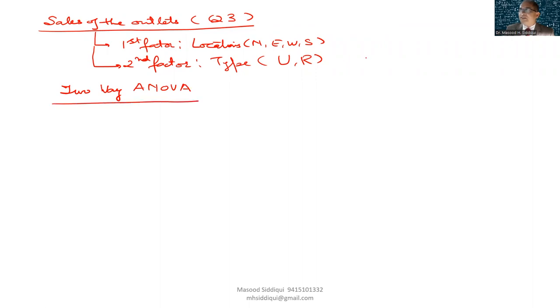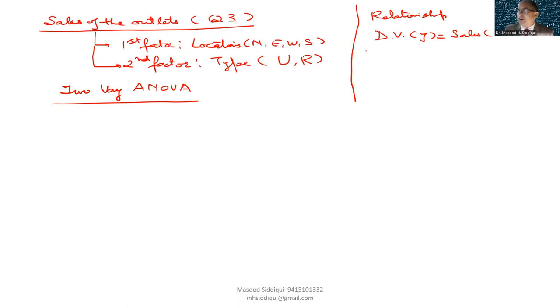If we consider this in the form of a relationship, the dependent variable y was sales, which is a metric quantity.